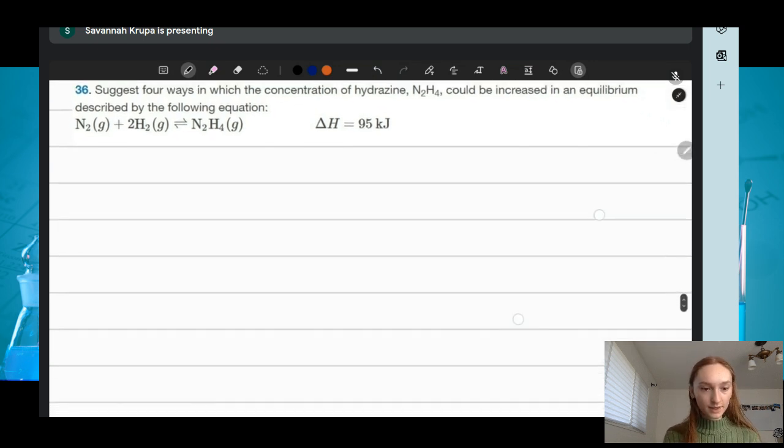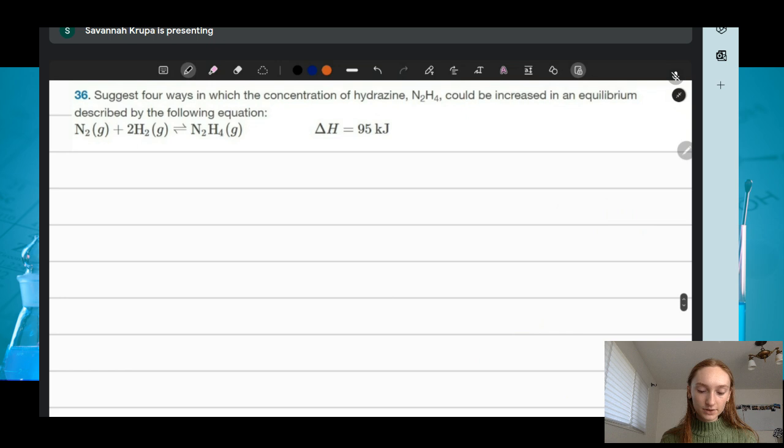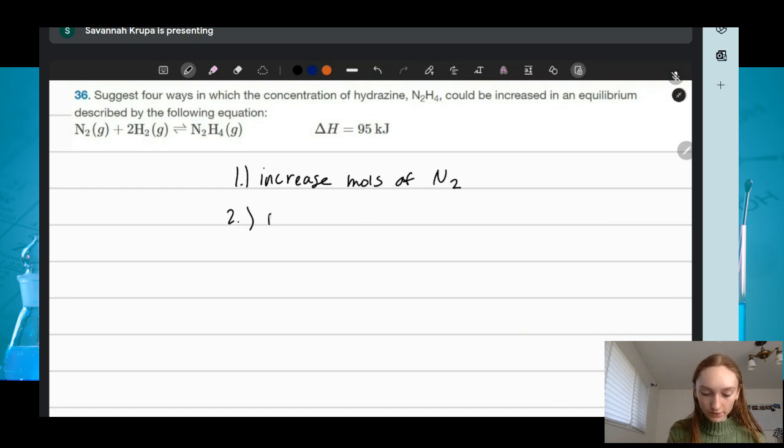Okay, but let's go over this problem. So if we want to increase the concentration of the hydrazine, one of the best ways of doing that is just to increase the reactants. So increase the moles of N2, for example. And then also increase the other reactant, so increase moles of the H2.